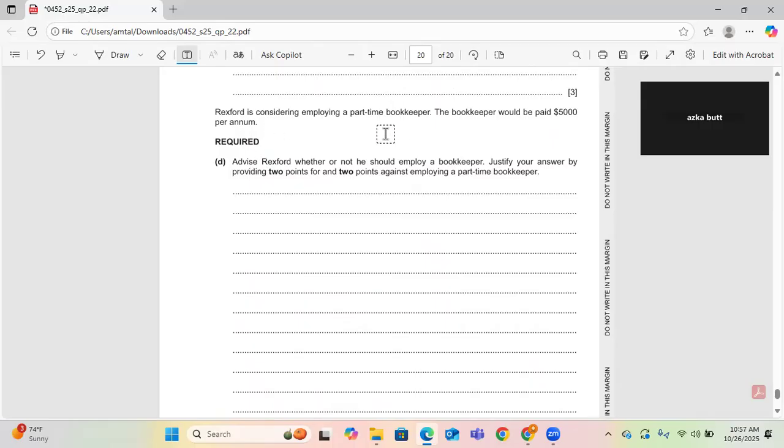Rexford is considering employing a part-time bookkeeper. The bookkeeper would be paid 5,000 per annum. Of course, if he employs a bookkeeper, it means that Rexford will have extra time to spend on other tasks.